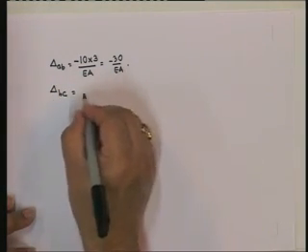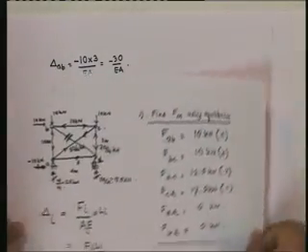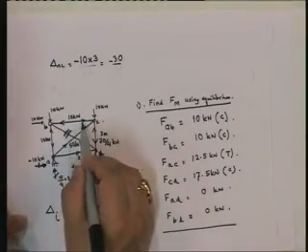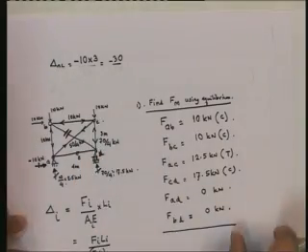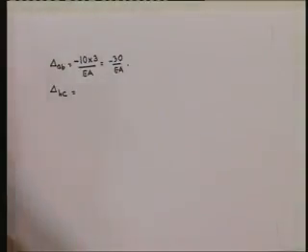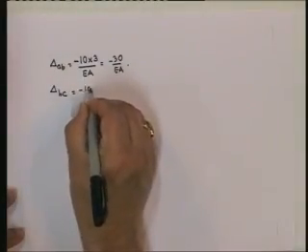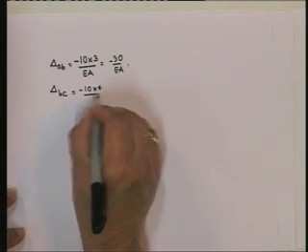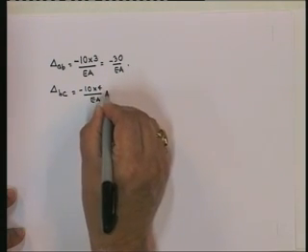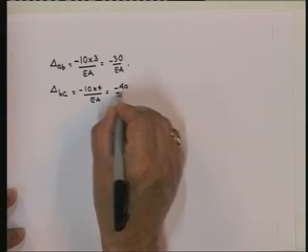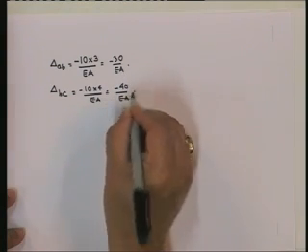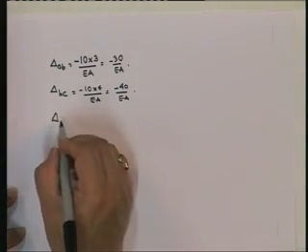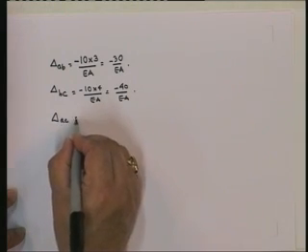This is also 10 ton BC. This is 10 ton, and what's the length? Length is 4 meters. So this is going to be equal to minus 10 into 4, minus 40 upon EA.